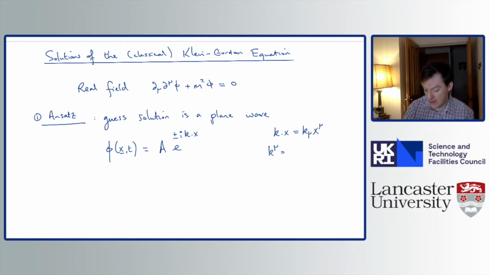The wave vector has components omega in the time component and k in the spatial component. Then k dot x is simply omega t minus the 3-vector dot product, the vector k dotted into the vector x.